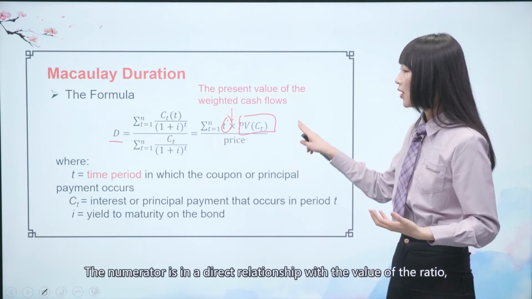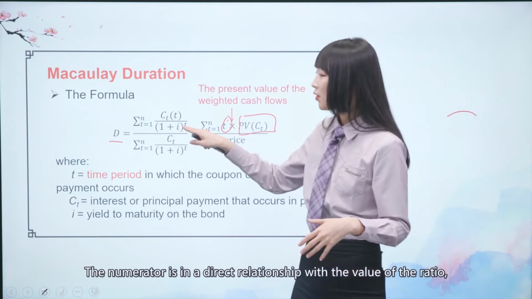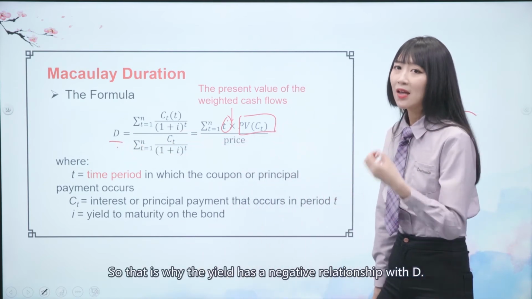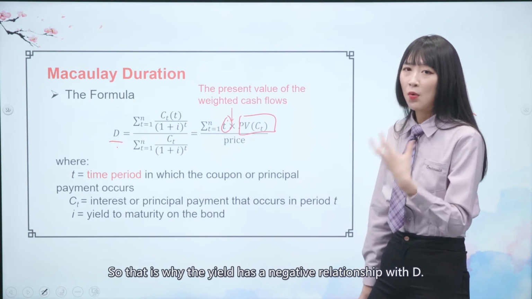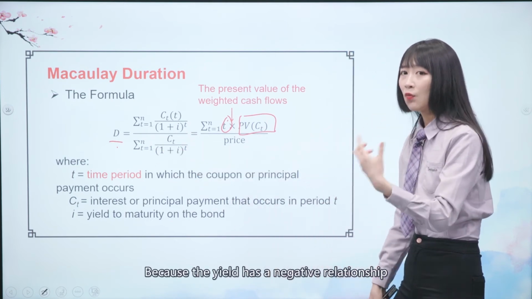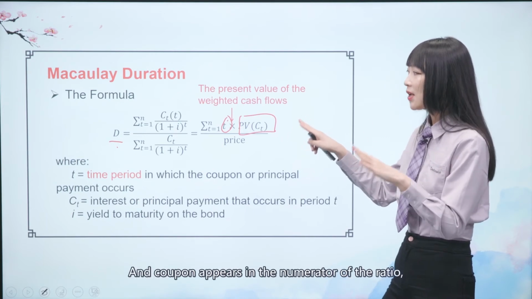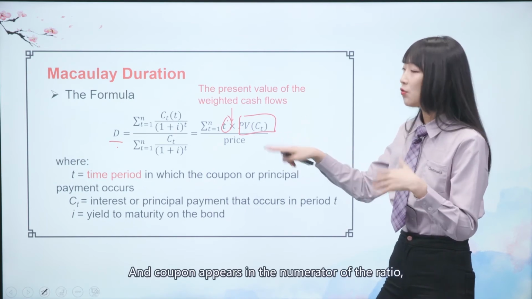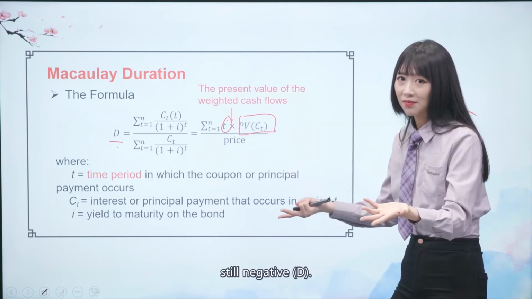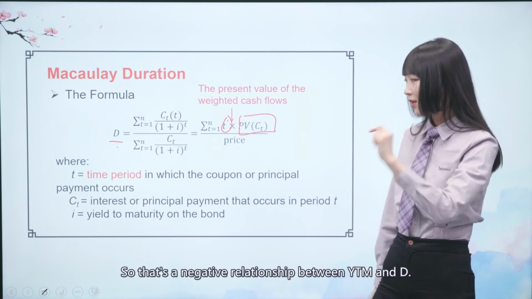So the numerator is in a direct relationship with the value of the ratio, that is the value of the D. So that is why the yield has a negative relationship with D, because the yield has a negative relationship with the present value of the coupon, and the coupon appears in the numerator of the ratio, which has a direct relationship with D. So that's a negative relationship between YTM and D.